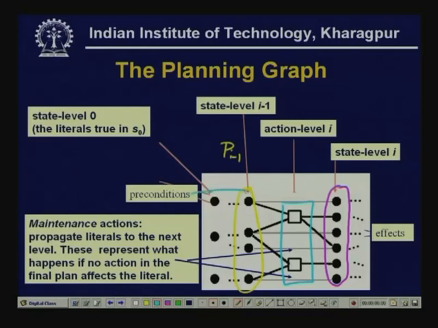These are precondition edges. So, this is an action. This action has this and this as the precondition. This action has this and this as the precondition, and these are the effect edges. So, these three are the effect edges, and these are the precondition edges, and these gray lines correspond to maintenance actions. That is, this proposition is carried over to the next state if an action does not affect that proposition.